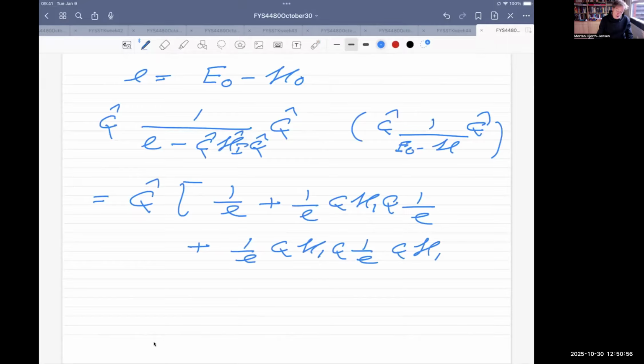So this is also multiplied with Q here, and then 1 over E. And this just goes on to infinite order. So now I've been using that specific relation.